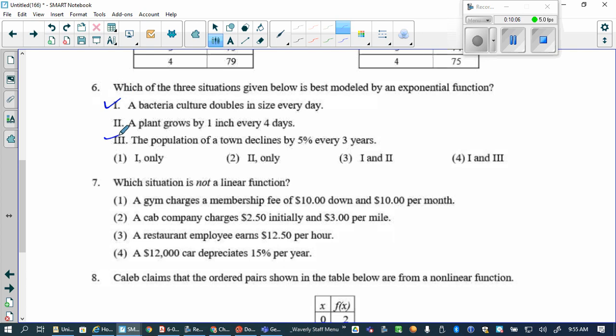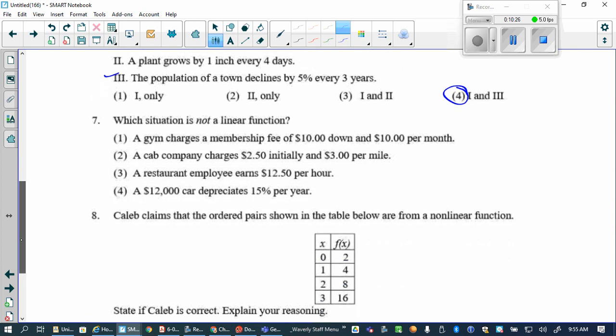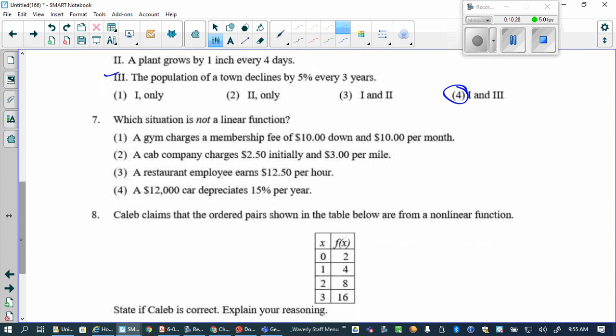So what's our answer? Choice 1 and 3? It says exponential function. Ah, you thought it meant linear, huh? Yeah, it said exponential. Okay, next one. See a key word in there?